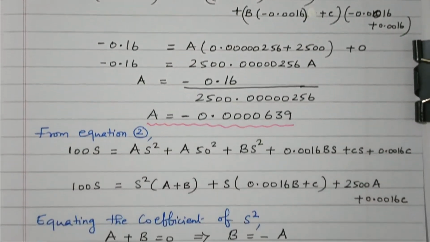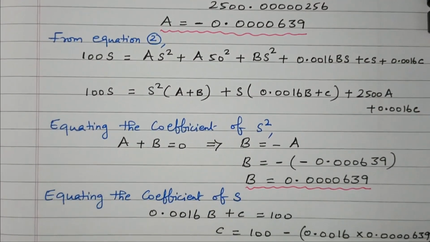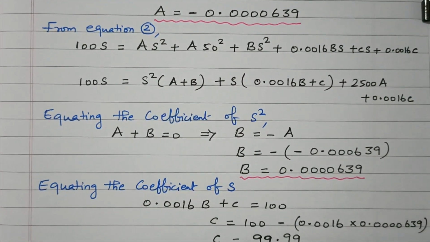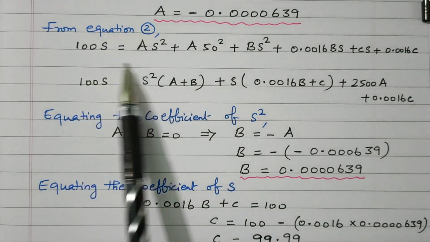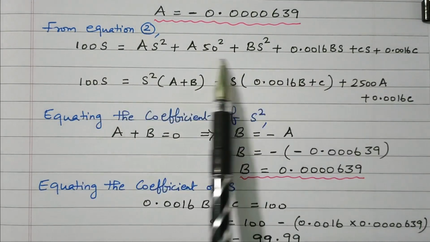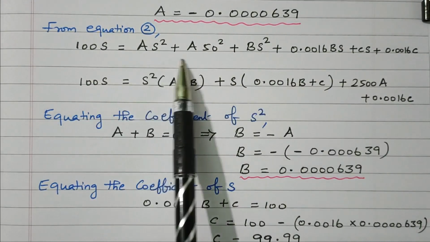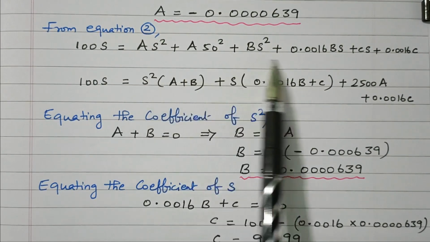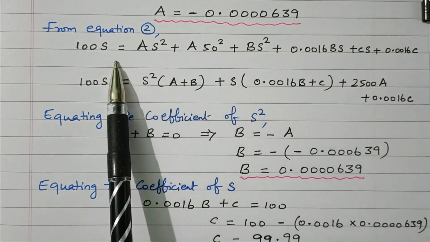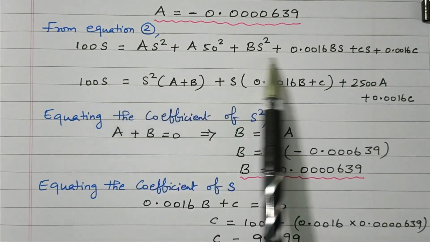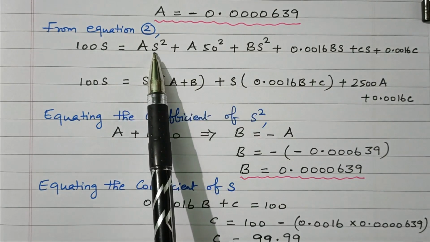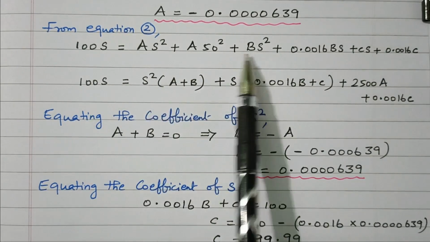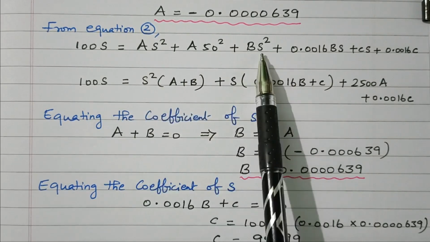B and C can be calculated by equating the coefficient of the equation without substituting the value, by using coefficient. So this is the equation, simplified equation, right? A S square plus that equation 2 is multiplied inside. So after multiplication, after expanding the equation, we got this. Now S square, take S square outside. So here A is available, here B is available. So A plus B. Take S outside.